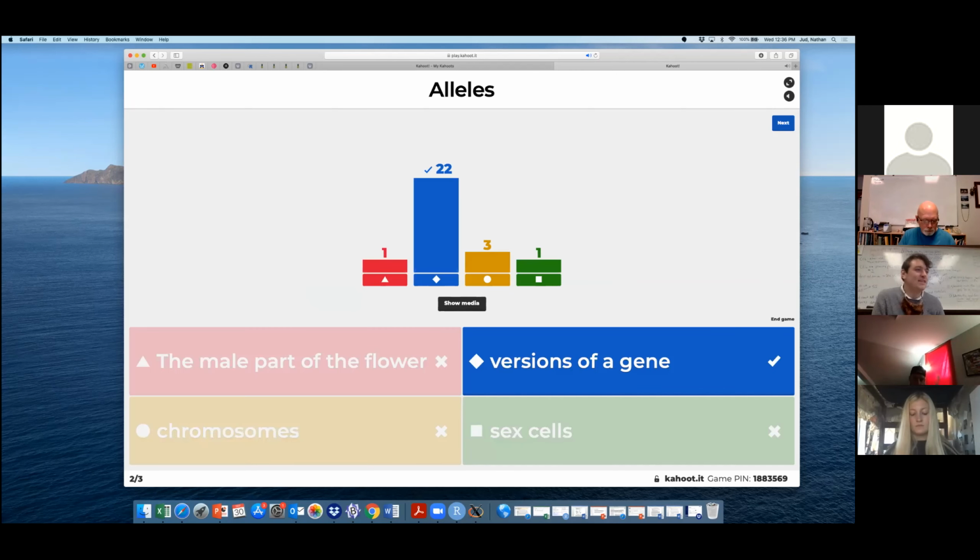Excellent, really glad to see that. Yeah, different versions of a gene, what we call alleles. Maybe a slight difference in the mutation will change the phenotype from flower color or eye color, or might influence height in a different way, but they all code for the same kind of trait, like color or height.